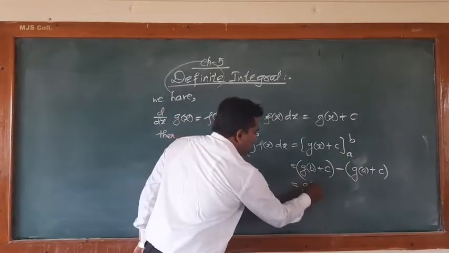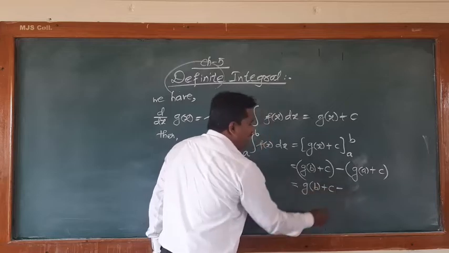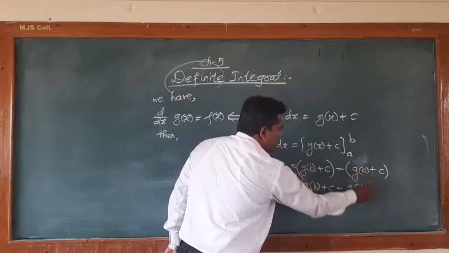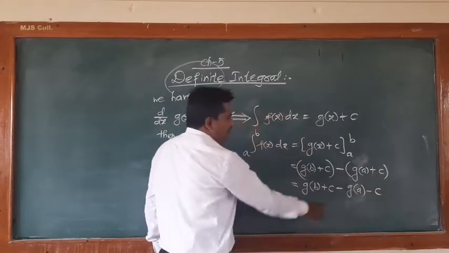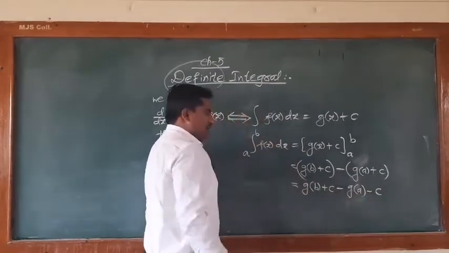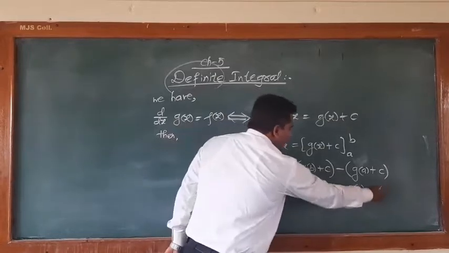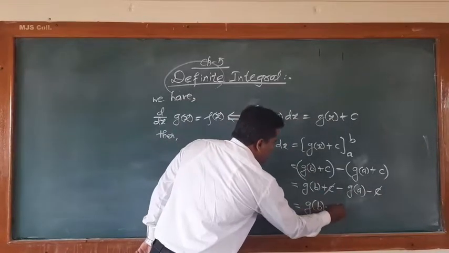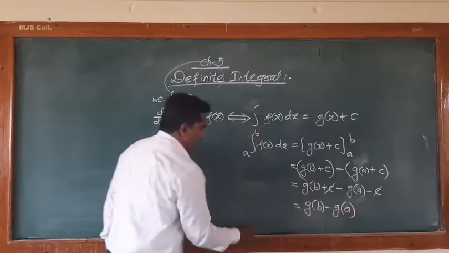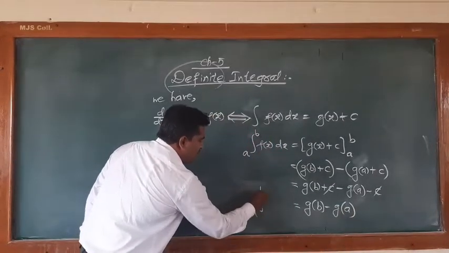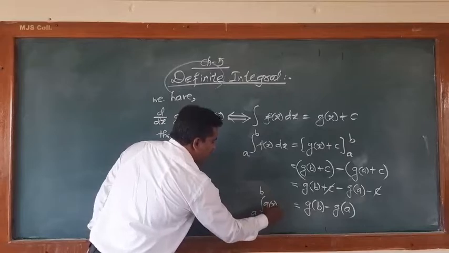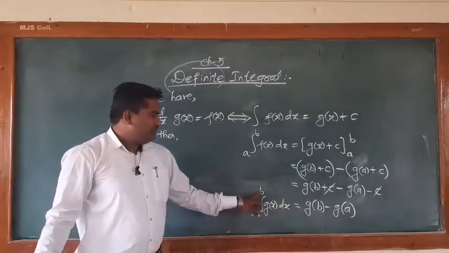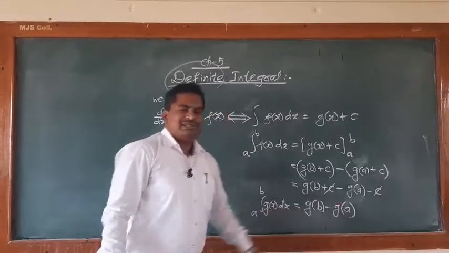Then g of b plus c minus g of a, and this minus sign applies on both, that means minus c. Then this c gets cancelled. That means g of b minus g of a. It is the integral of f of x with respect to dx with limit a to b is equal to g of b minus g of a.